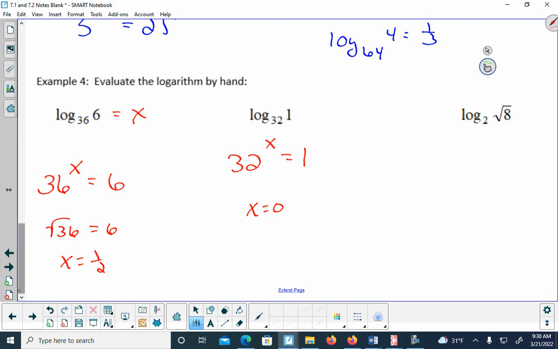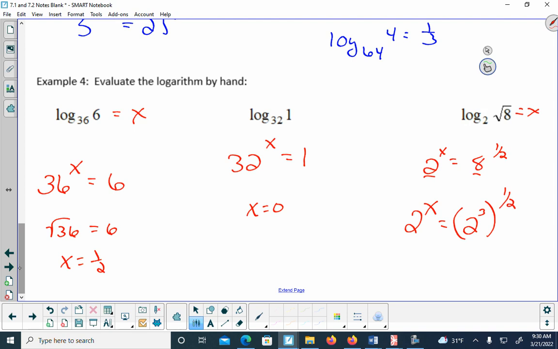This one is 2 raised to what power is equal to 8 raised to the 1/2 power. In order to do this, these have to be the same base. So I'm going to leave this as 2 raised to x. 8 is a power of 2, so it's 2 to the 3rd, and this is being raised to the 1/2 power.